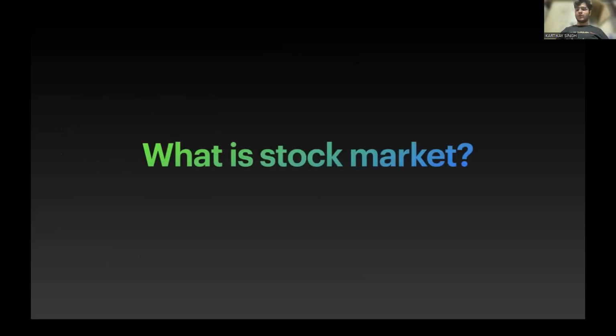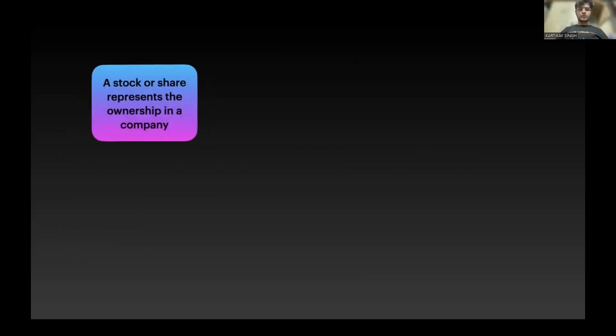Now, what is stock market? So a stock or share represents the ownership in a company. Like a user or trader buys a share of a company that is made public by the company, right?